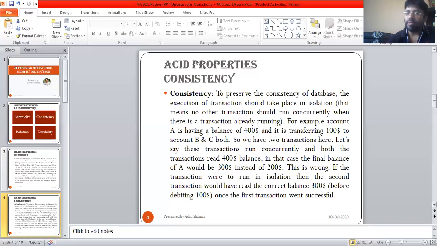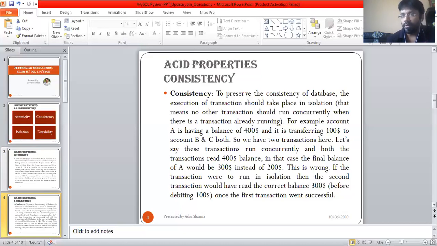So we have two transactions here. Let's say these transactions run concurrently and both transactions read the $400 balance that account A has. In that case, the final balance of A would be $300 instead of $200.